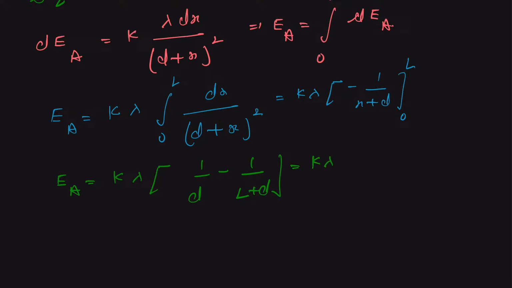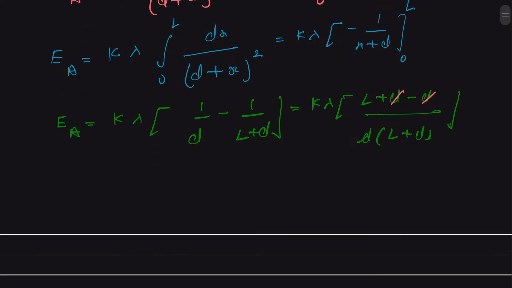We can take the LCM, this will become L plus d minus d, and here d and d cancel out. Therefore, the electric field at point A will be equal to k lambda L upon d times L plus d, and all the values are known to us.